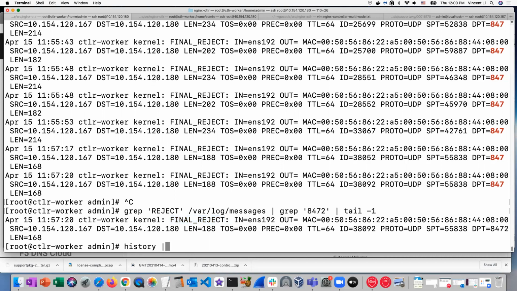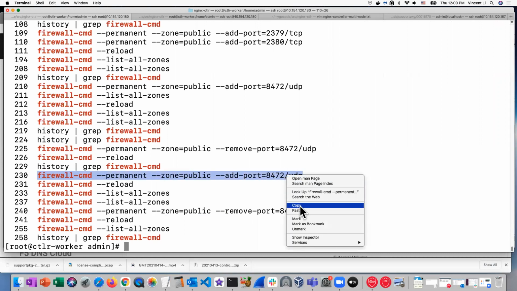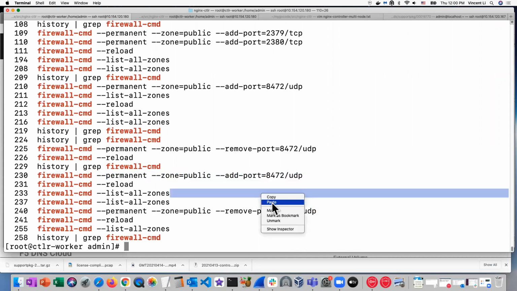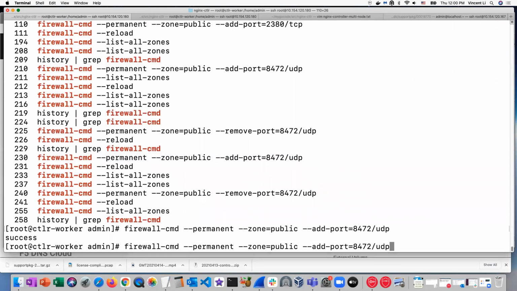we can open this port, right? So we can add this port for the VXLAN, and reload.